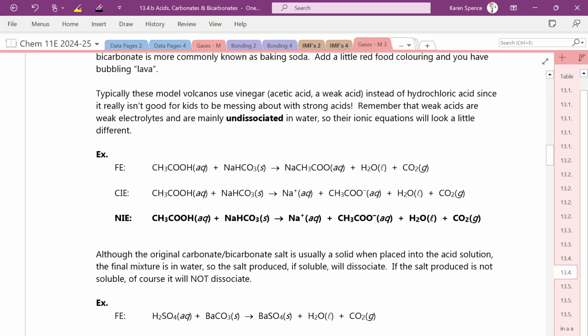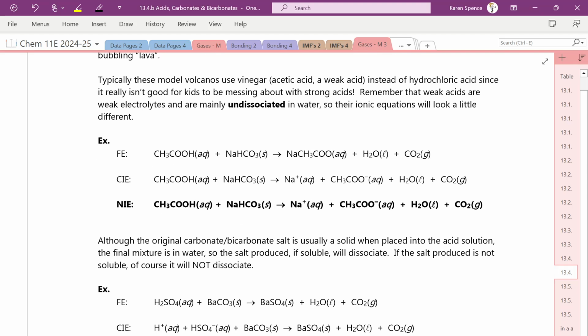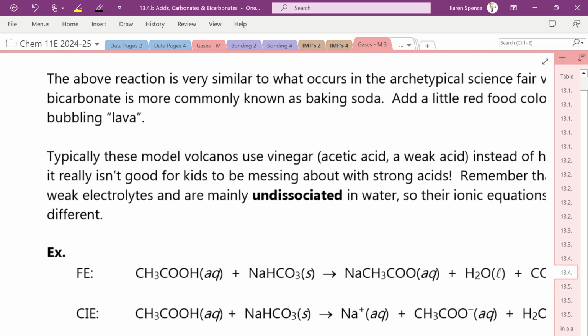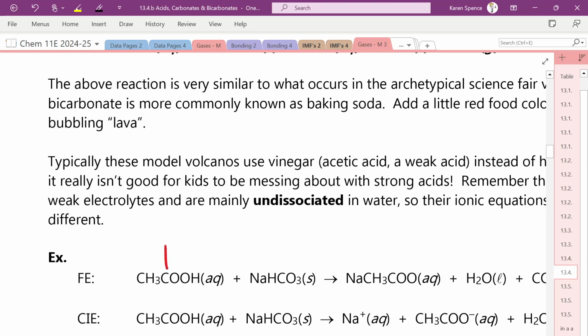Same deal here. Nothing really exciting. The only thing to remember is, if you have an acid, this is what type of acid is acetic acid? Is it strong or is it weak? It is weak because the only strong acids are, so I brought no clean clothes.